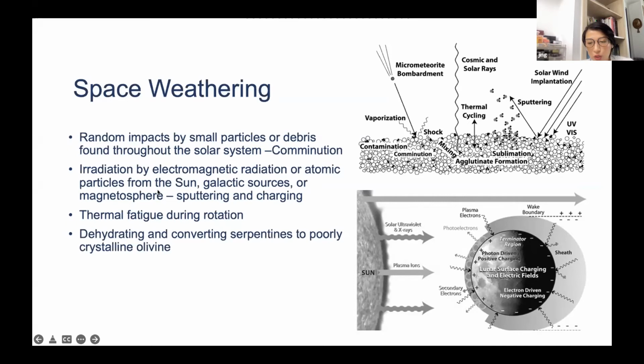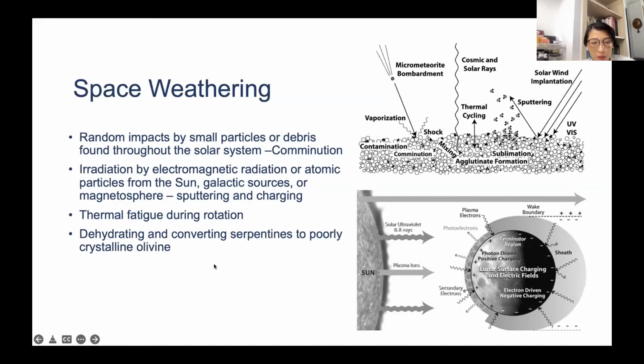Then, because there's no atmosphere, there is no protection from solar irradiation. Irradiation by electromagnetic radiation or atomic particles from the sun, galactic sources or magnetosphere can cause sputtering and charging on the surface, which will destroy the atoms and the minerals.